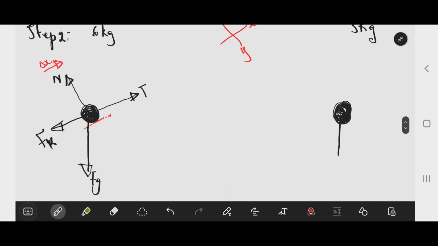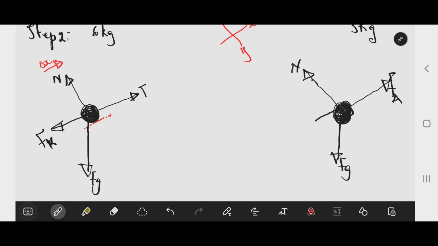Okay, so let us indicate all those forces acting on that object. I said we have Fg, which is downwards, right? And I have normal force, which is perpendicular to the surface in that direction, right? I have my applied force in that direction, which is up the incline, okay?